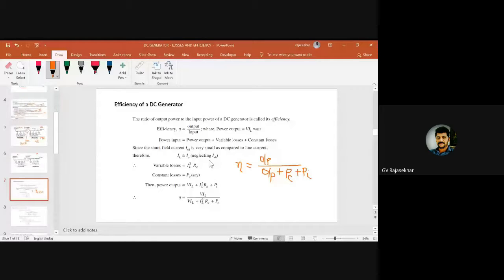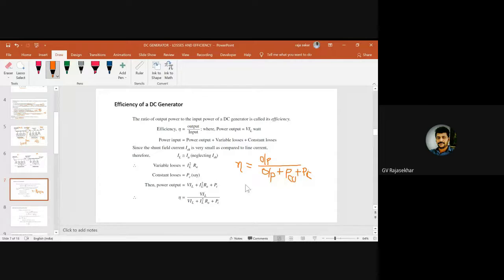Now, variable loss is equal to IA square RA, and constant loss is equal to PC. And here copper loss is PCU. So the power output is equal to power input.